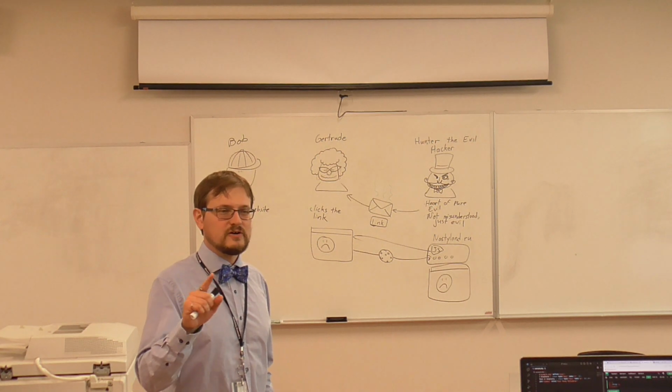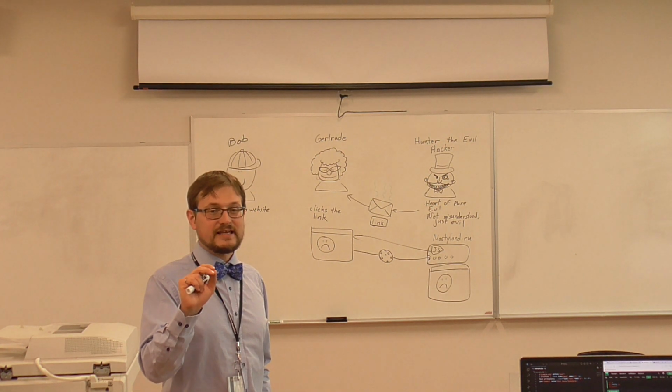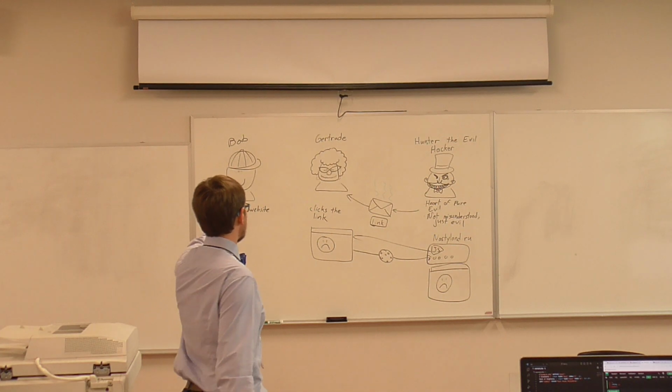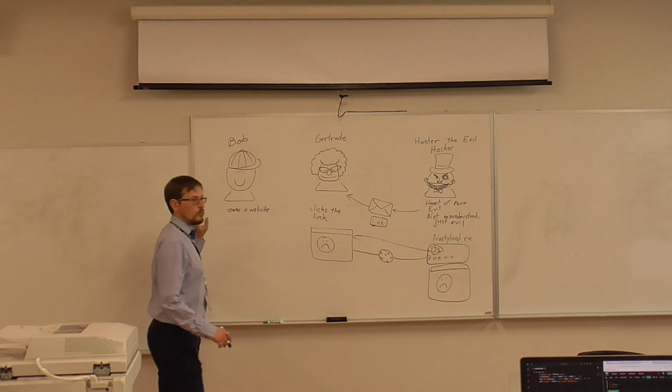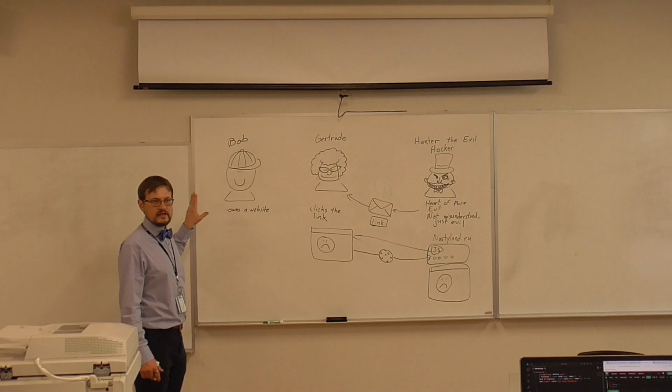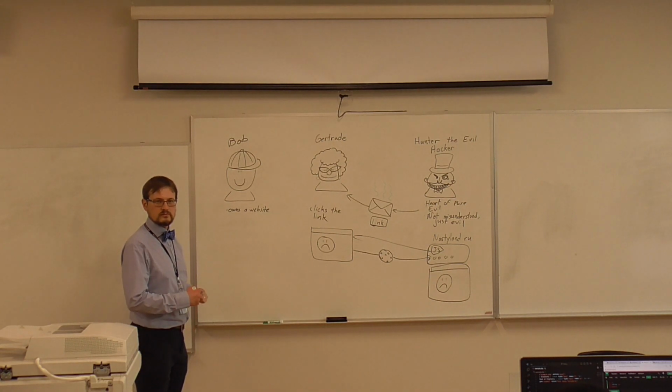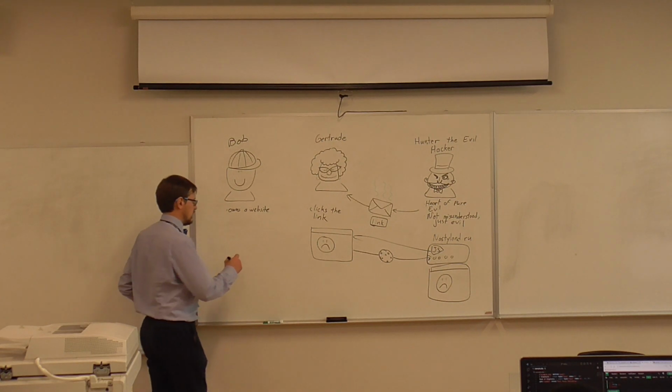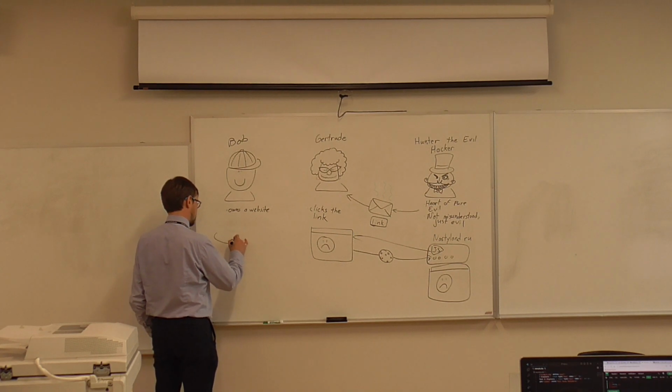So right now, we are assuming that Bob is not even a programmer, right? Bob has employed his nephew, Rob, who is bad at making websites.